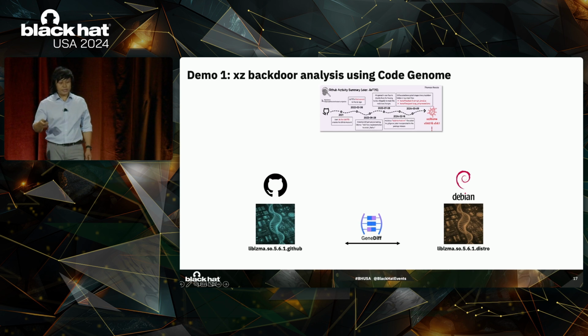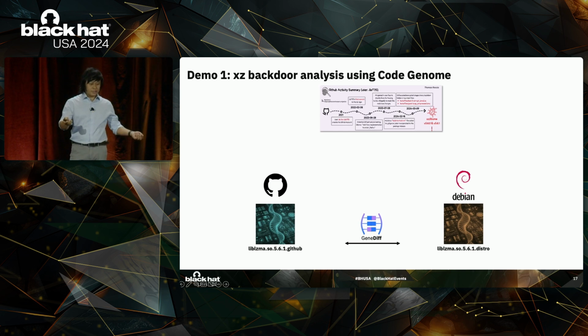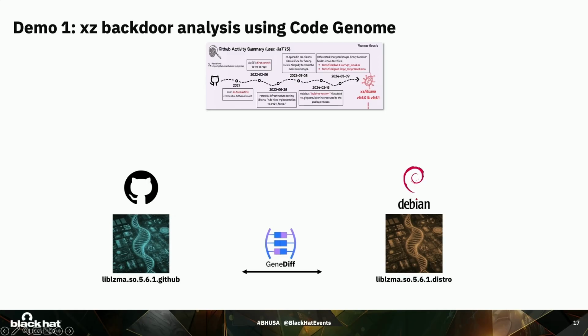What we're going to see in the demo is two binaries. One I'm going to compile by pulling the code from the source on GitHub. The other binary is distributed, in this case by Debian. We're going to generate genes from these two binaries. They come from the same source code, or at least they're supposed to. It's the same version. So we generate two sets of genes.